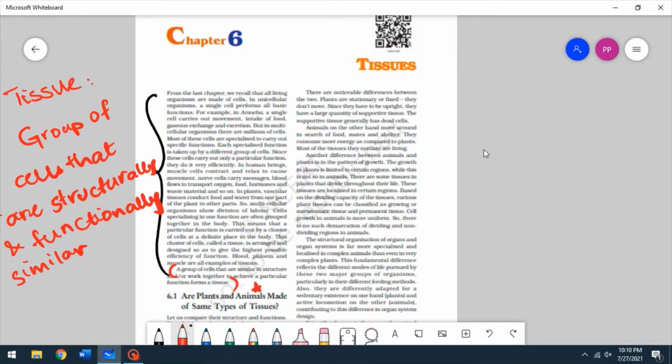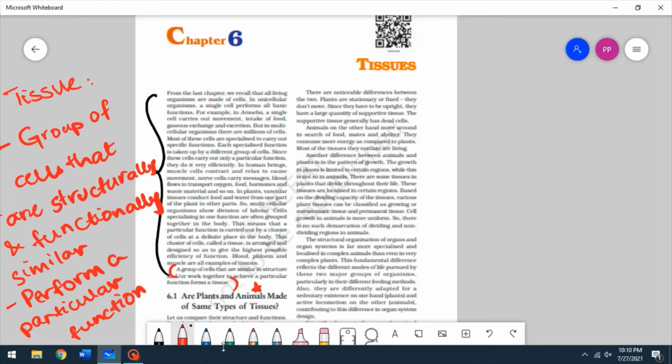That is one part of the definition, and the second part is that they perform a particular function. Alright, so these are the two important parts of the definition.